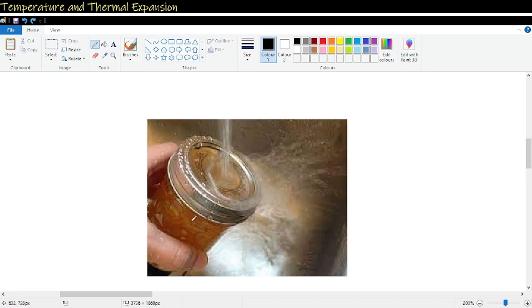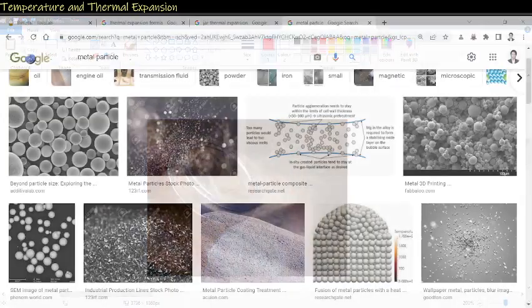Even the glass still gets heat from the water, because maybe it gets splashed by the hot water, but because the material is different, they will expand differently. The metal lid will expand more than the jar, so it will be easier for us to open the jar.